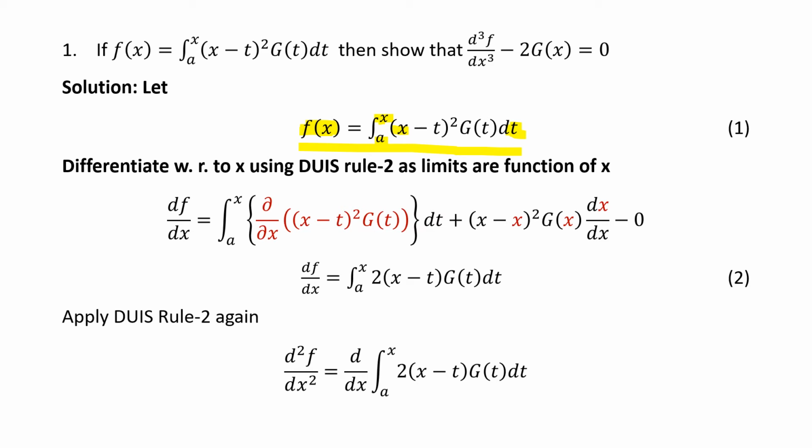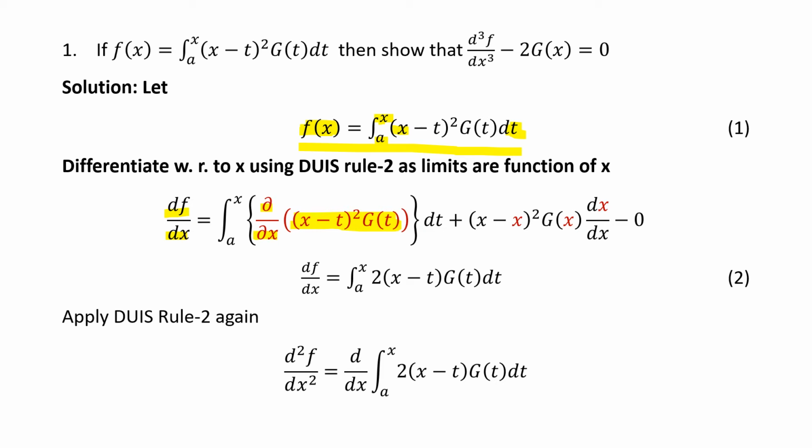So for df by dx, first d by dx goes inside the integral and becomes del by del x, so we have to differentiate this whole function partially with respect to x, and the limits of the integral will be as they are, a to x, with dt. Plus, now our function is (x minus t) whole square g of t, where t is our variable, so instead of t you have to put the upper limit x.